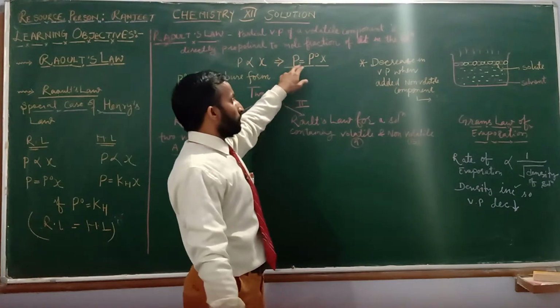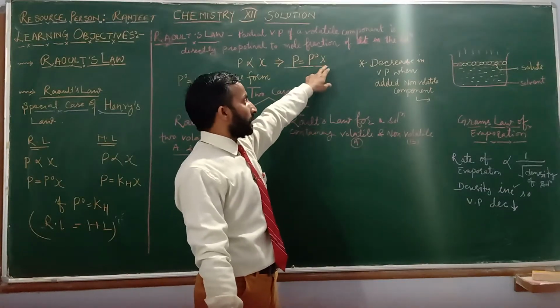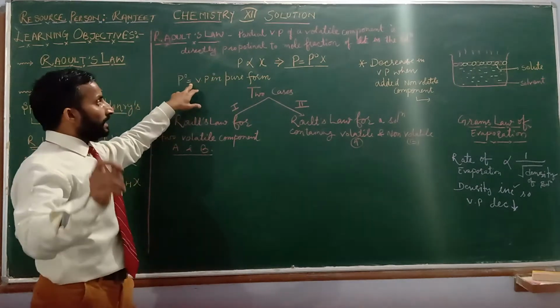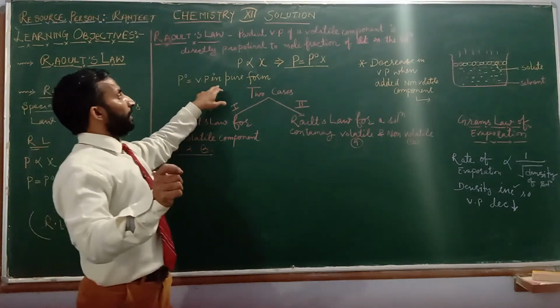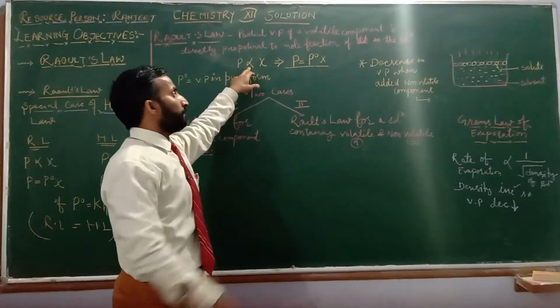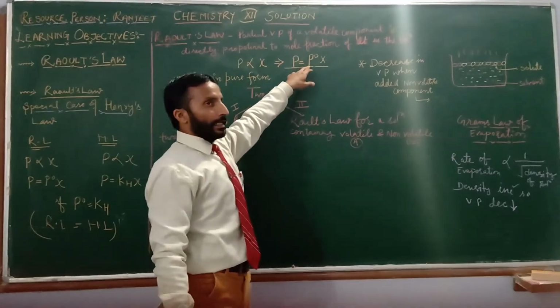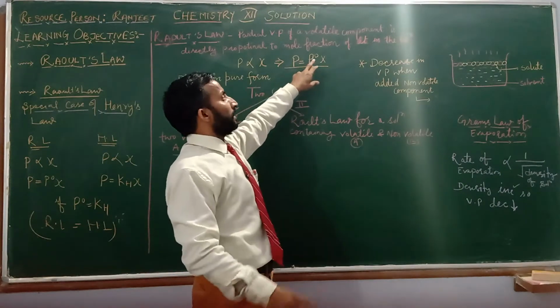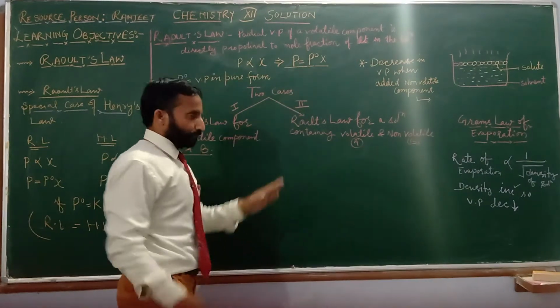Then the equation becomes P equal to P naught X, where X is the mole fraction and P naught is the vapor pressure in pure form of that volatile component, which we use as a constant of proportionality.